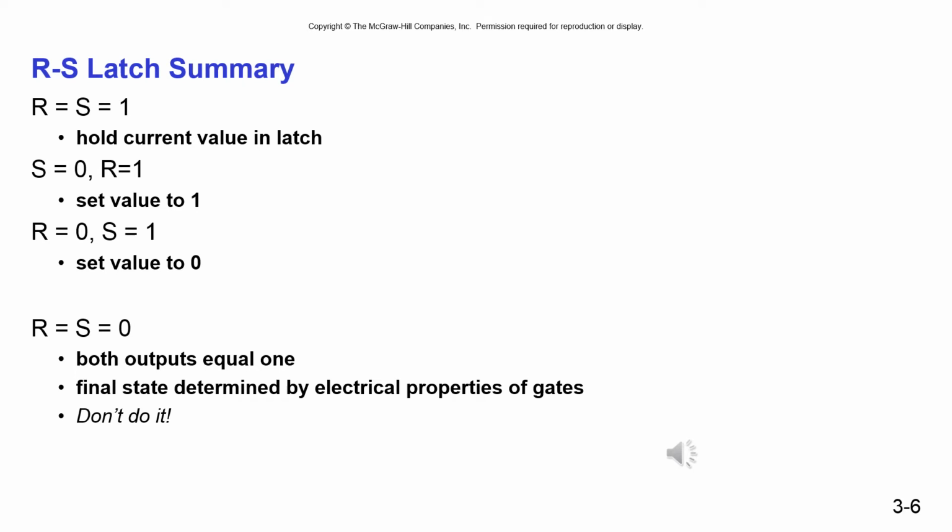To set a 1 on the output, S equals 0, R equals 1. To reset the output to 0, R equals 0, S equals 1. The invalid state is R0, S0.